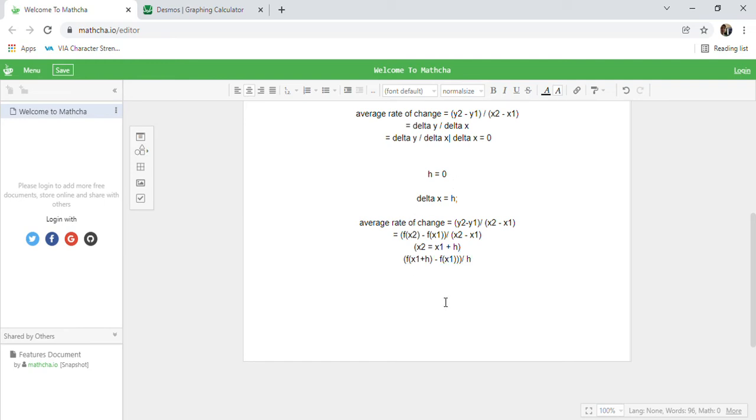Now, let's say that f of x is equal to x squared. See what happens. So you see, all we did is plug these values into our function, f of x equals x squared.